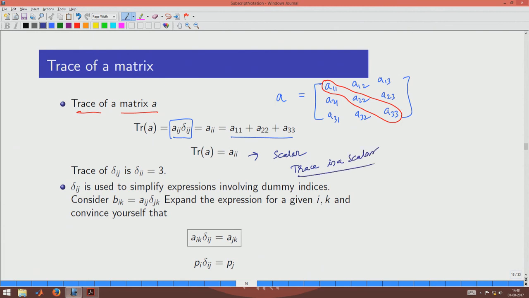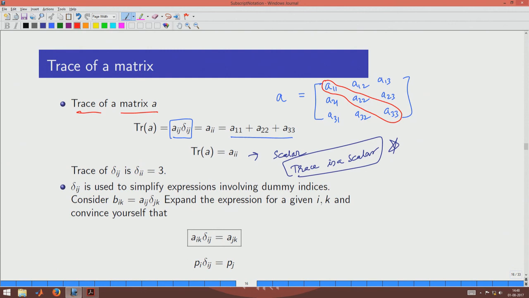Okay. So, the meaning of this we will come to in a later lesson, because it shows us what are called invariant quantities of any expression, and here we are encountering that for the first time. Okay. So, the Kronecker delta is also used to simplify expressions, so that the dummy indices can be modified. So, the way it is done is as follows.